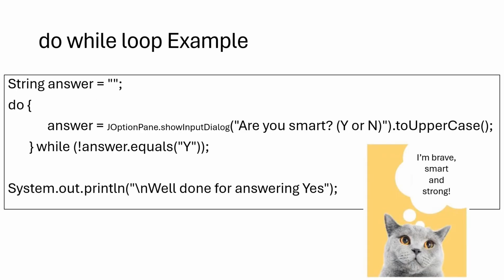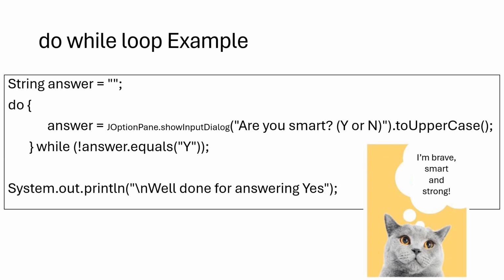And a do while example. Here's an example of input when we want only one kind of input, and we won't let the user get past this point until he types in what we want him to type. So we've got string answer equals quote quote do curly brackets answer equals JOptionPane dot show input dialog, and then we ask the user, are you smart, yes or no?